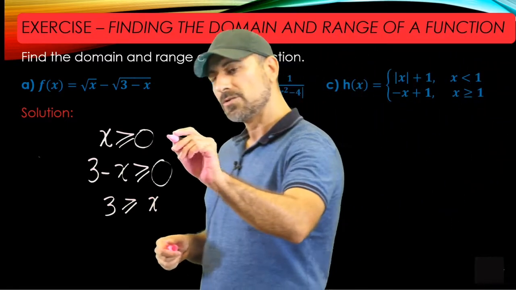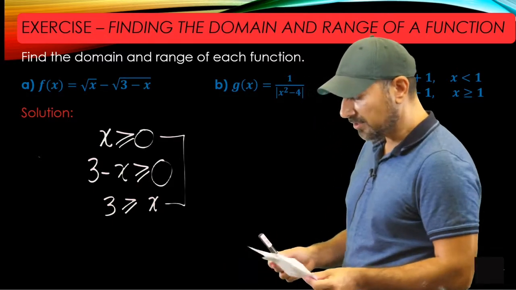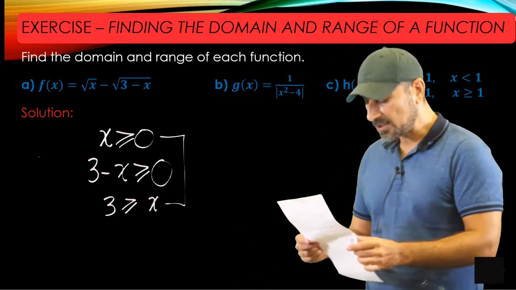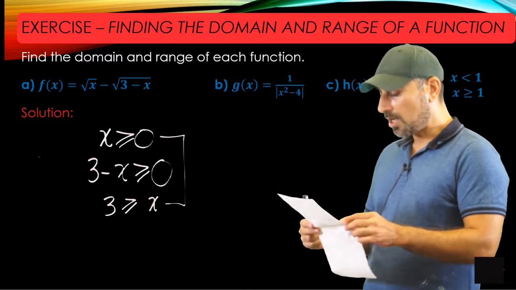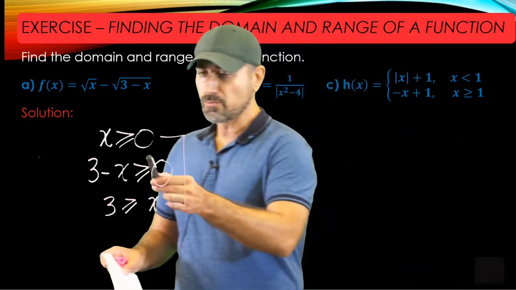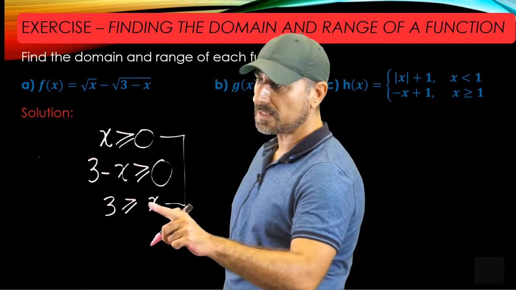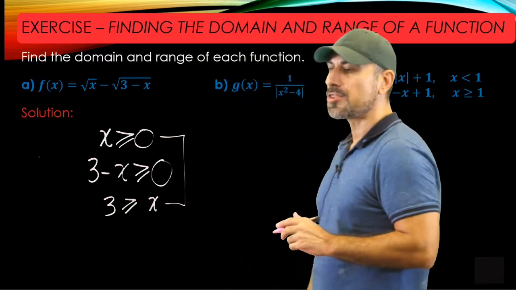I have to combine these two things to deduce that the domain of the function is the set of all values of x for which x is non-negative and also less than or equal to 3.